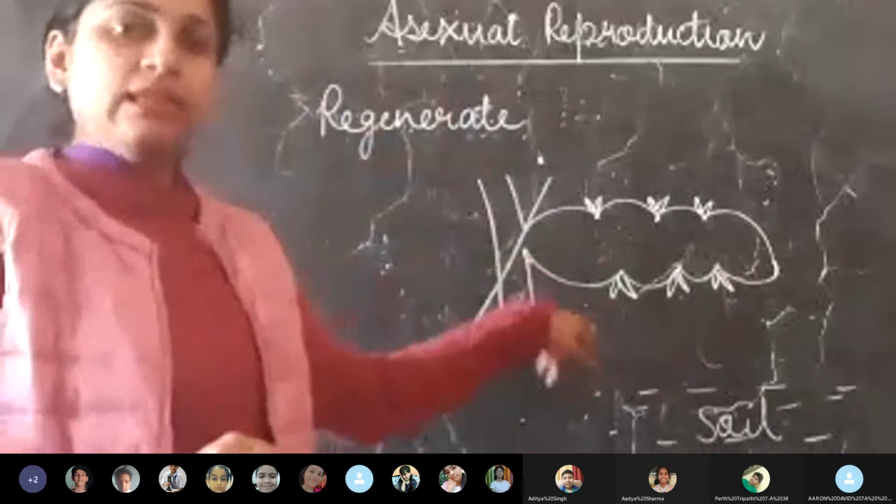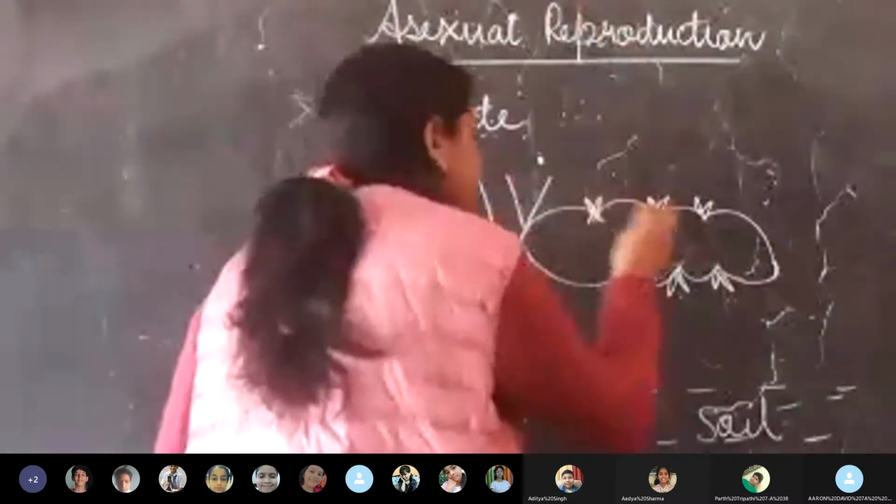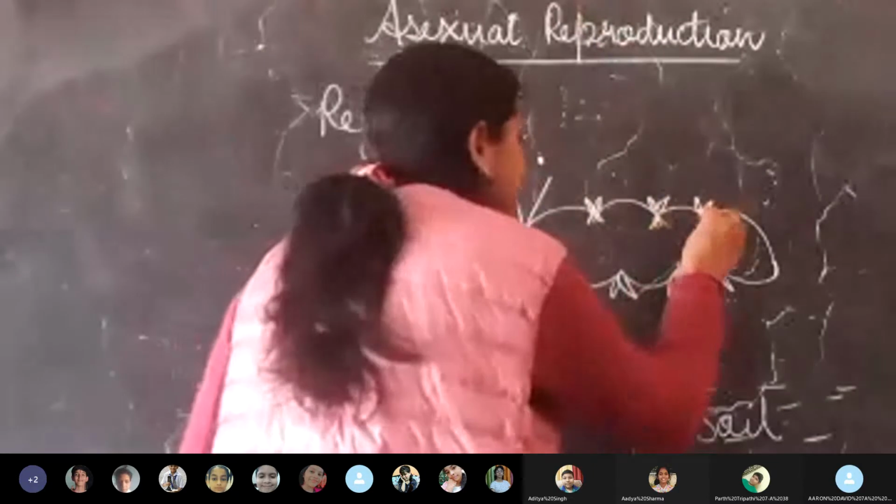They will develop roots, and the leaf portion is going to develop into shoot. It gets detached, and the new plant is formed.